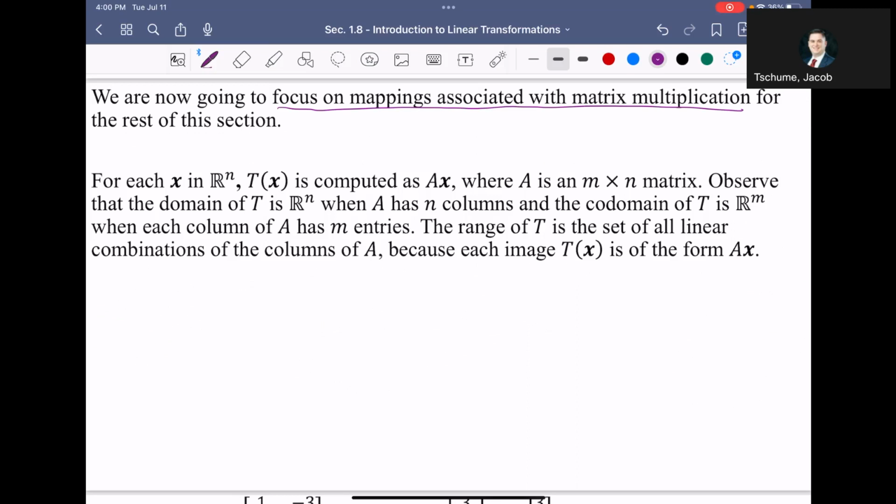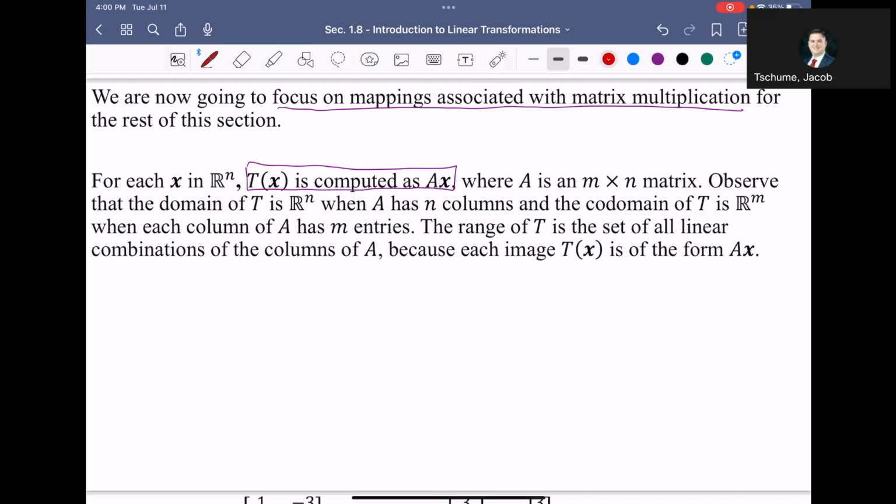All right, so for each vector x in the nth dimension, T of x will be computed by multiplying your matrix A times the vector x, where A is the m by n matrix in the problem. Once again, observe that the domain of the transformation is Rn, where A has n columns.